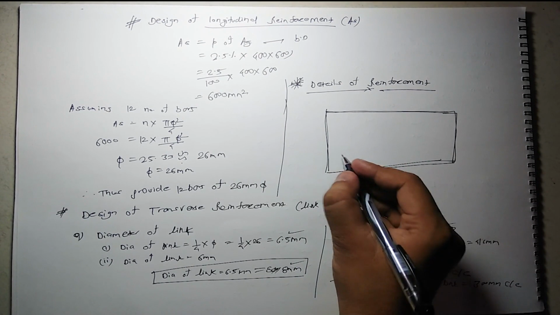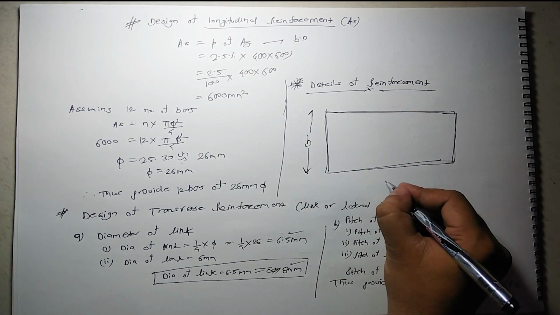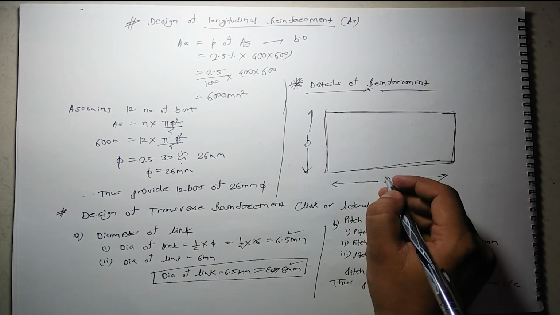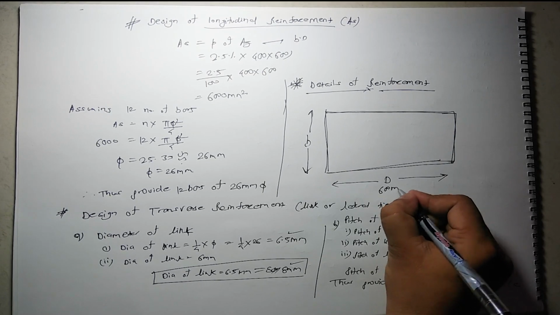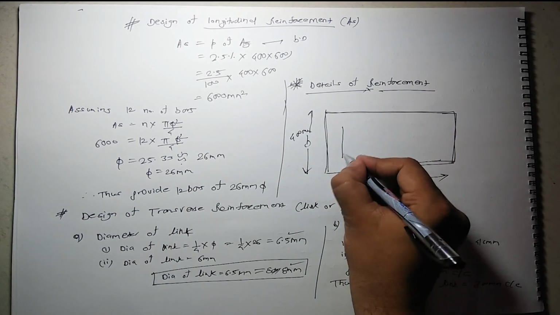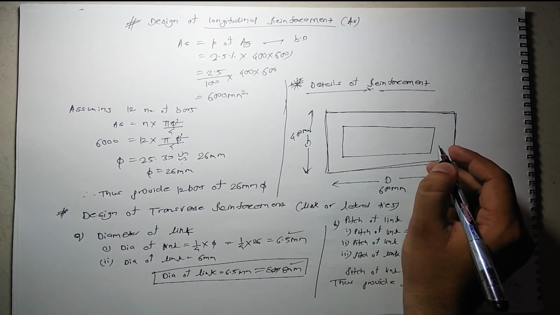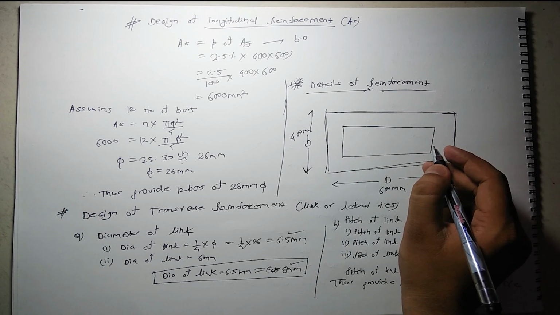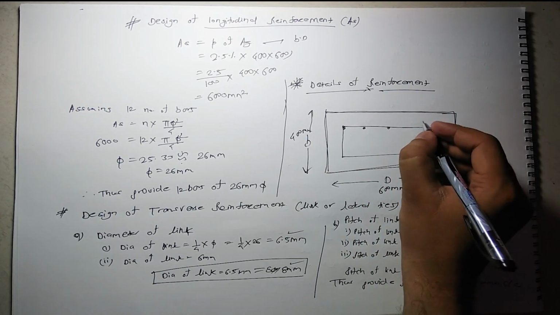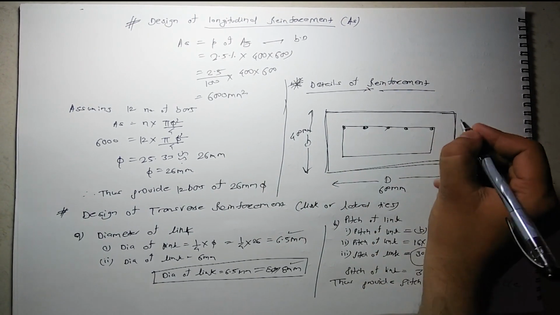Then this will be the smaller dimension, this will be the greater dimension. So this is 600 mm, and we have 400 mm, and now inside that we are supposed to provide the reinforcement. So we have provided, okay, 1 2, I'm drawing this, spacing should be proper, 3 4.